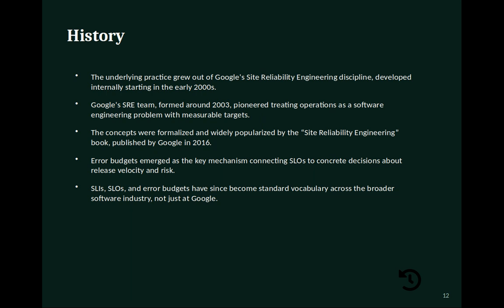The concepts were formalized and widely popularized by the Site Reliability Engineering book published by Google in 2016. Error budgets emerged as the key mechanism connecting SLOs to concrete decisions about release velocity and risk. SLIs, SLOs, and error budgets have since become standard vocabulary across the broader software industry, not just at Google.